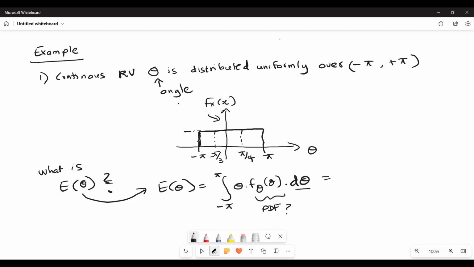So from this figure, one thing we can understand is the probability is the same for all the theta values. What is the value that should come here? What is the probability value that should come here? That's what I'm asking.